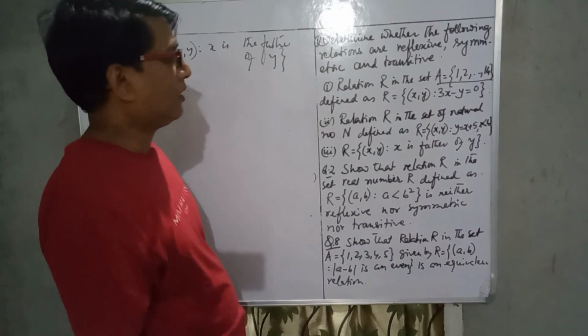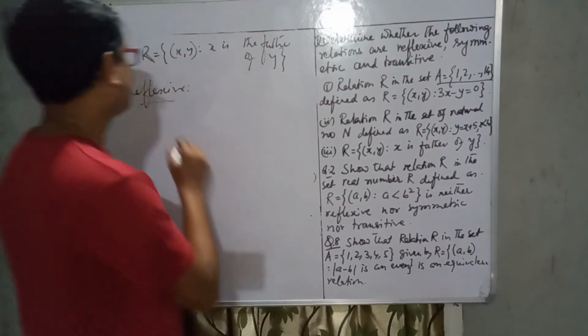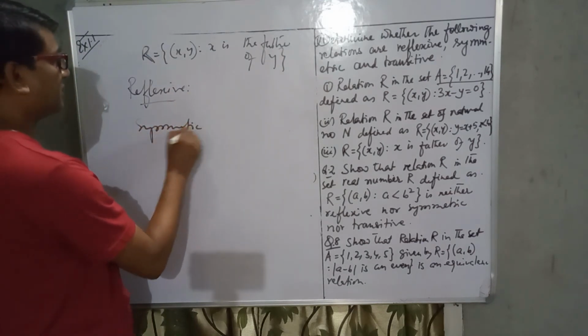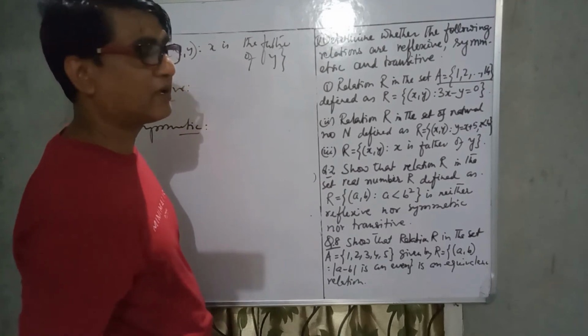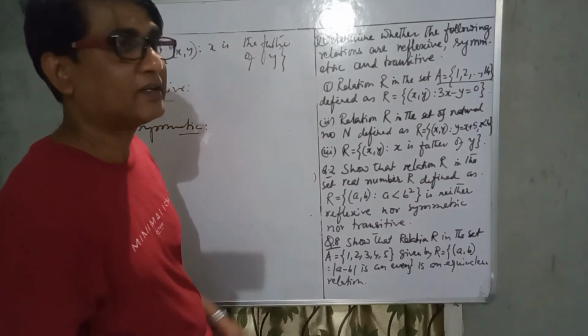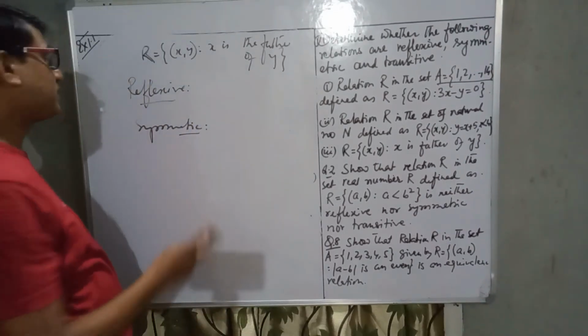Then, x is the father of y. Symmetric: if x is the father of y, is it possible that y is the father of x? Never. So it is not symmetric.